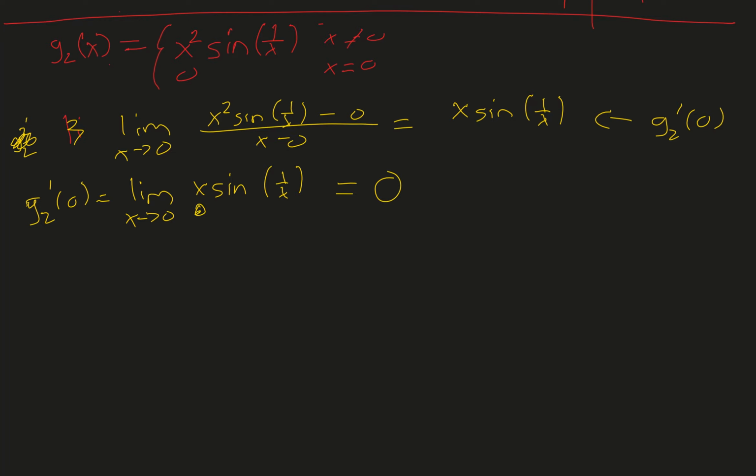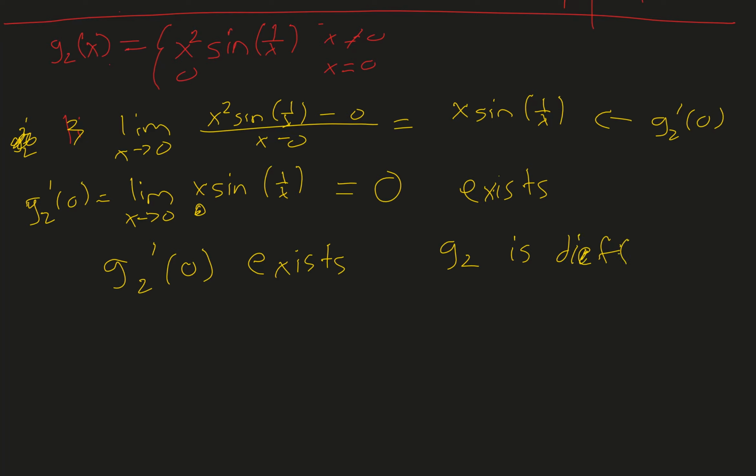So this limit exists, and therefore, from our definition, g2 prime of 0 exists. So the function g2 is differentiable at x equals 0. In fact, g2 is differentiable everywhere in the domain.